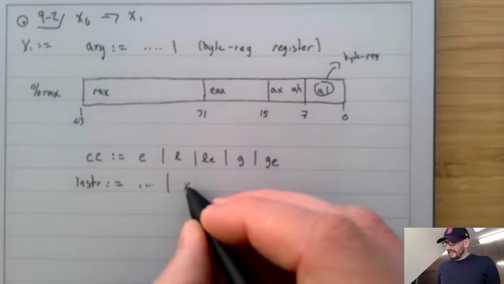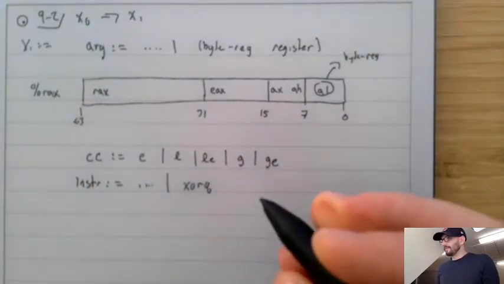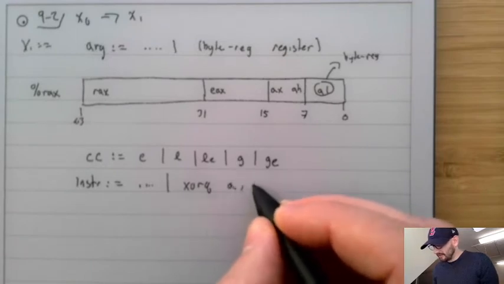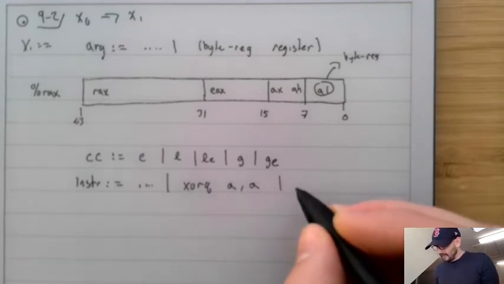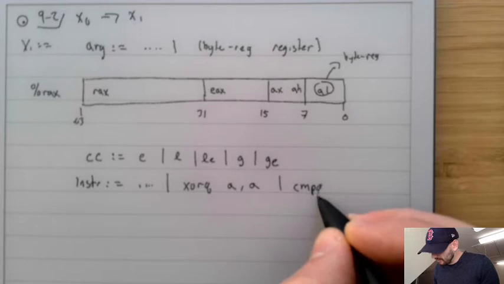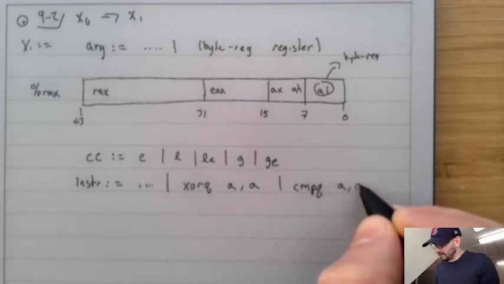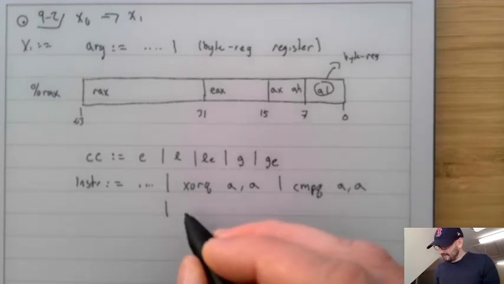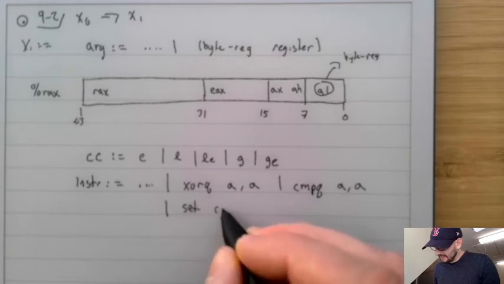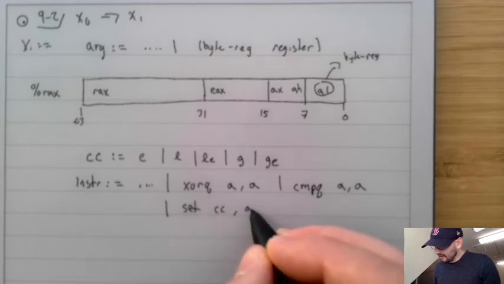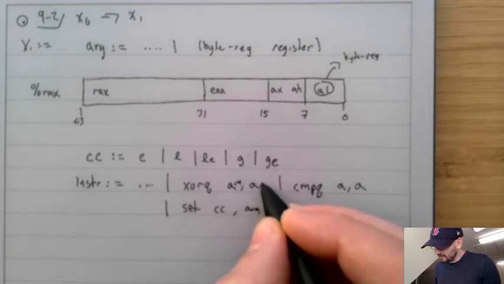Okay, so we have the XOR Q instruction, which takes 2 args. We have the compare Q instruction, which takes 2 args. We have the set CC arg instruction. These A's are all args, by the way.